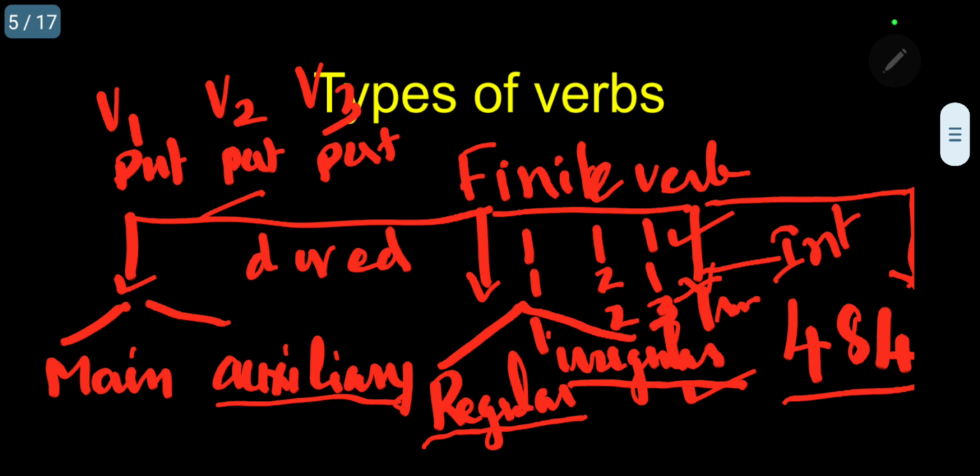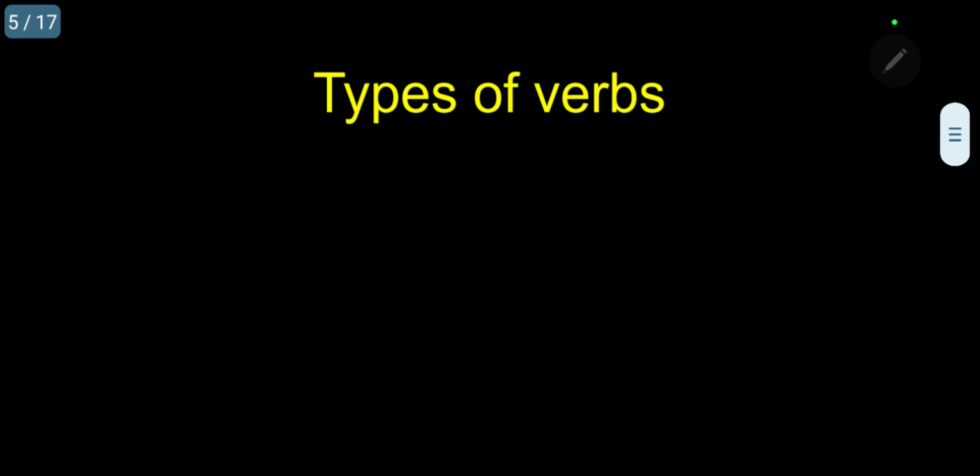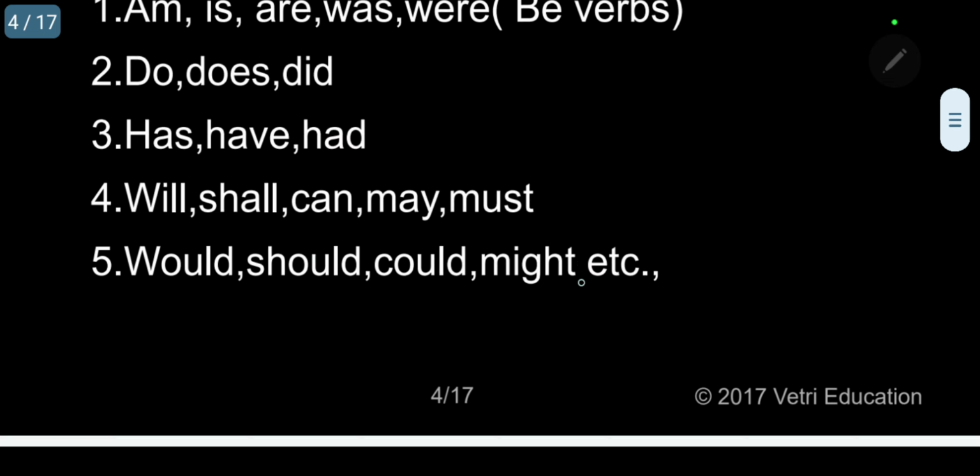So the ball was thrown by Ram to Sita. Intransitive. Kindly follow. The last one is strong verb and weak verb. Strong and weak you can recognize very easily. Strong means irregular verb, weak means regular verb. So these are four types of verb. Kindly follow, very, very important.